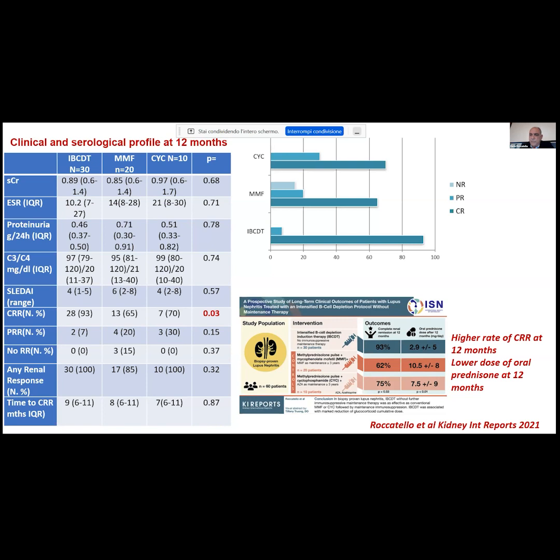There was not only a higher rate of complete renal remission, but also a lower dose of oral prednisone at 12 months.